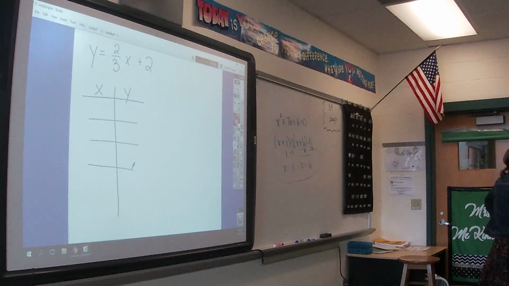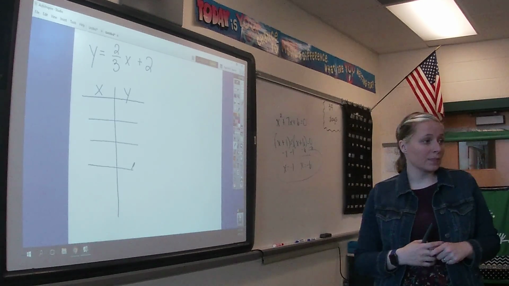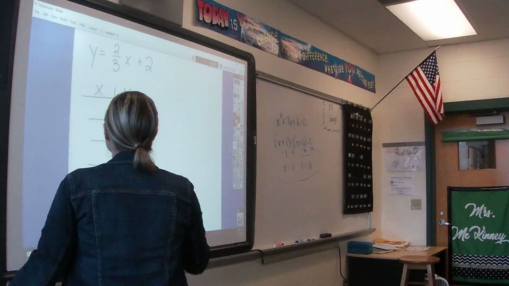So again, if we're asked to graph, we don't know any other way to graph it right now other than to just pick some numbers and plug them in and make a table. So what's going to be the first number we want to guess? 0. 0 is always the first number we want to try.